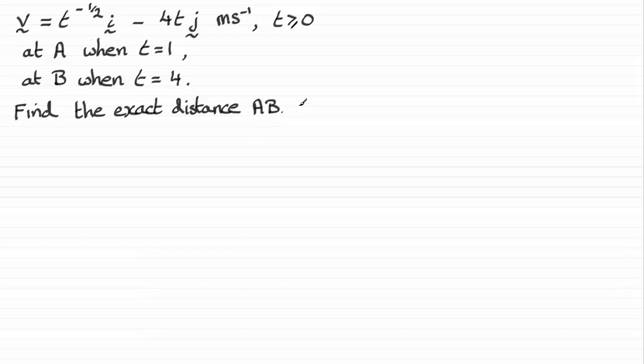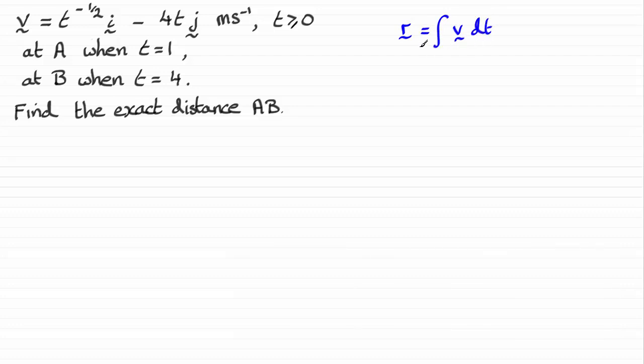Now, in order to do this, I'm just going to sketch out the method I'm going to use in case you're stuck and you want to pause the video and carry on. What I'm going to do is first of all work out generally where the position vector of the particle is. That's just going to be given by r, and I can get r by integrating the velocity v with respect to t.